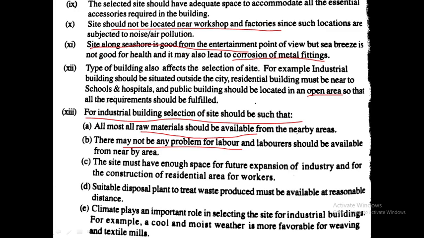Then the site must have enough space for future expansion of industry and for the construction of residential area for workers. A suitable disposal plant to treat waste produced must be available at a reasonable distance. Climate plays an important role in selecting the site for industrial buildings. For example, cool and moist weather is more favorable for weaving and textile mills.